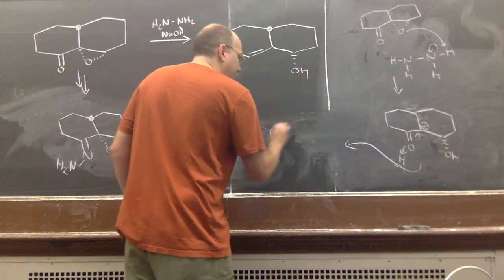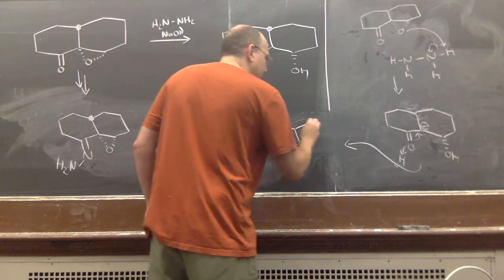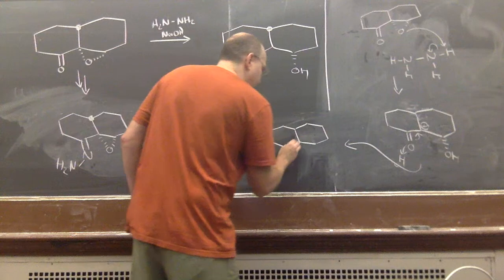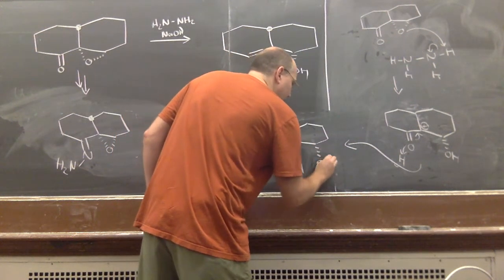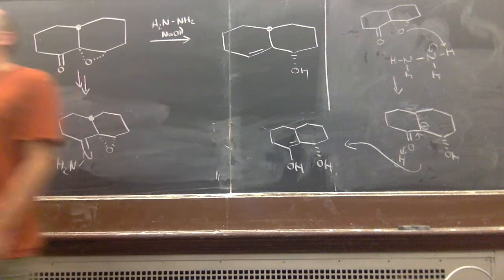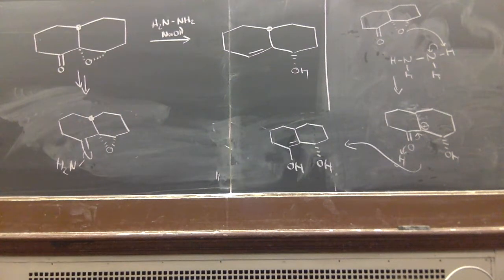And the product that I'm going to have is going to be a molecule like that that's much, much closer to what we have. So again, you can sort of see the thought process behind what this person was doing.